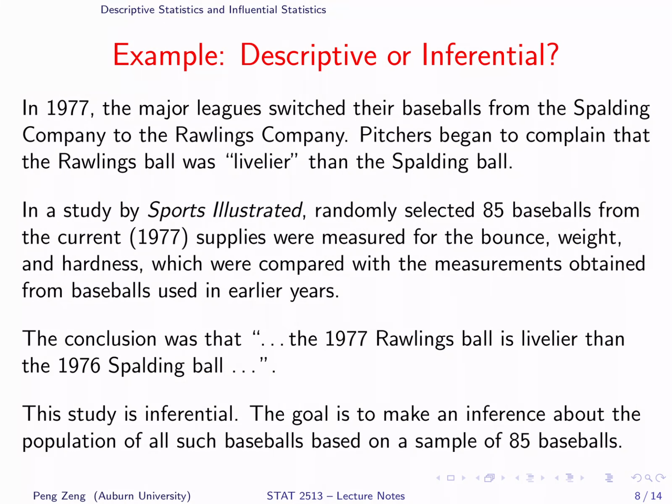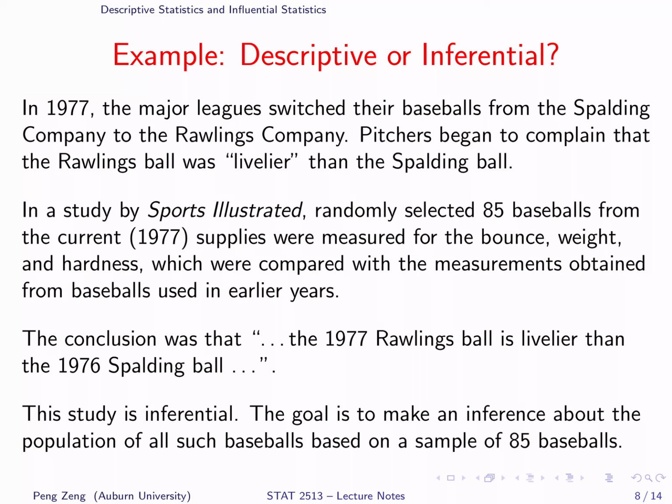Let's look at another example. In 1977, the major leagues switched their baseballs from one company to another company. The pitchers began to complain that the new balls were livelier than the old balls. In a study conducted by Sports Illustrated magazine, 85 baseballs were randomly selected from the current supplies.